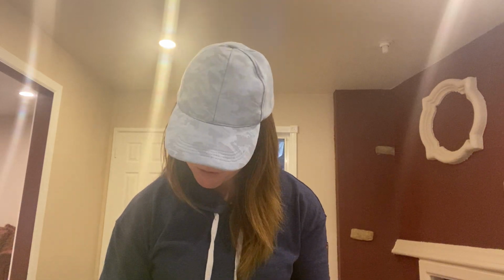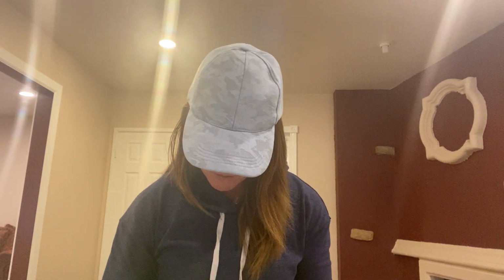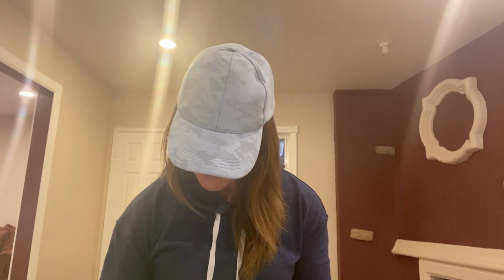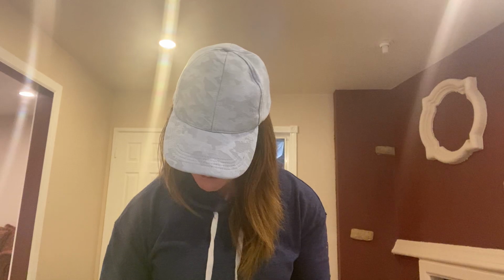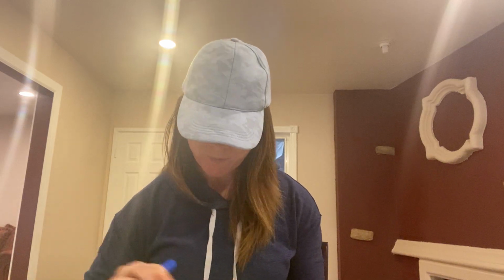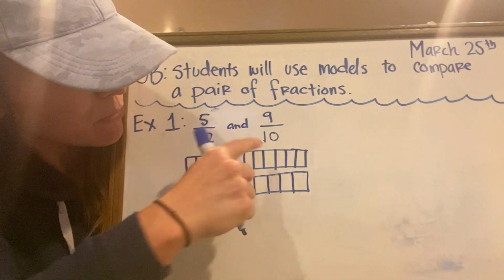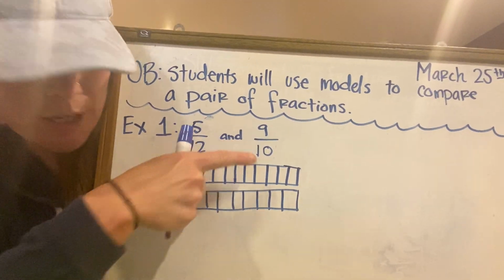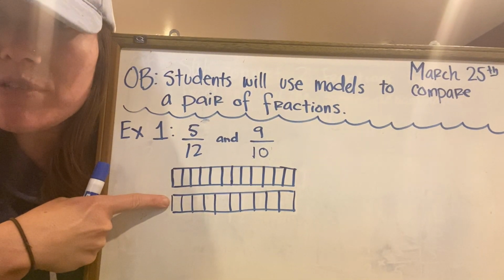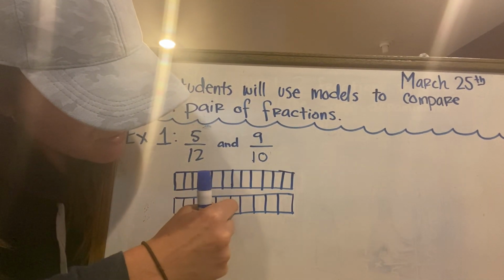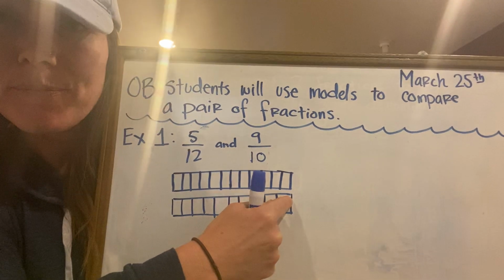Sorry, boys and girls. 1, 2, 3, 4, 5. Okay, that's better. So 9/10. This rectangle represents 9/10. 1, 2, 3, 4, 5, 6, 7, 8, 9, 10.